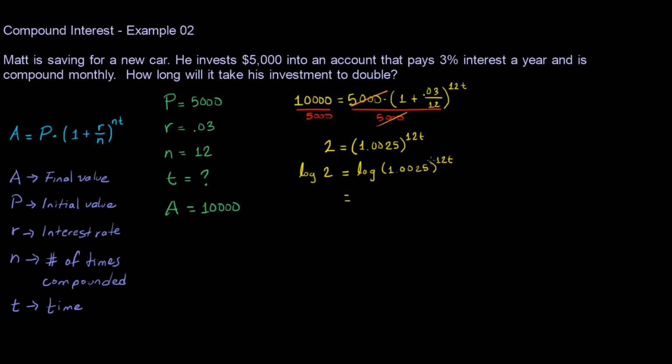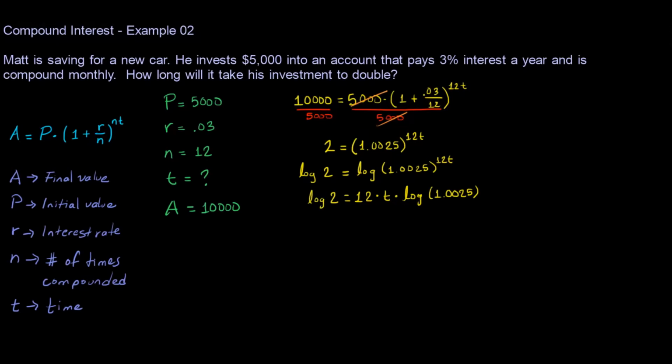Now we know, using the logarithmic properties, we can just move what's in the exponent down, multiplying the log. So on the right this will look like this: 12 times t times the log of 1.0025, and on the left we'll have the log base 10 of 2.